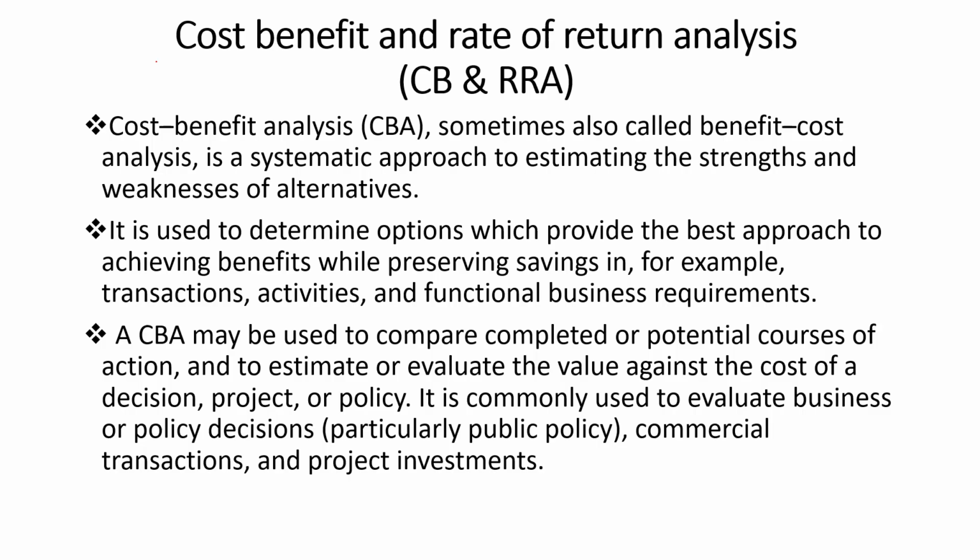We can ask the question: how many shillings will be required to reduce student dropout per year? And then we can compare that with the benefits we get by returning them to school.